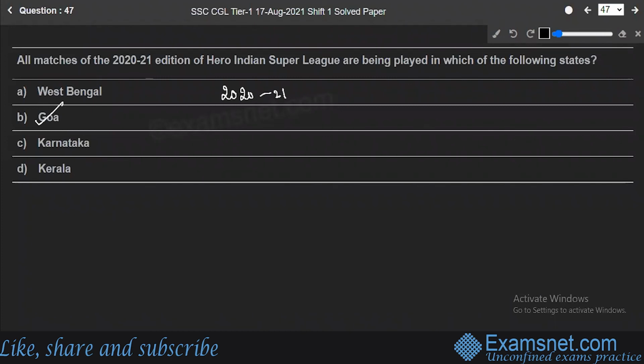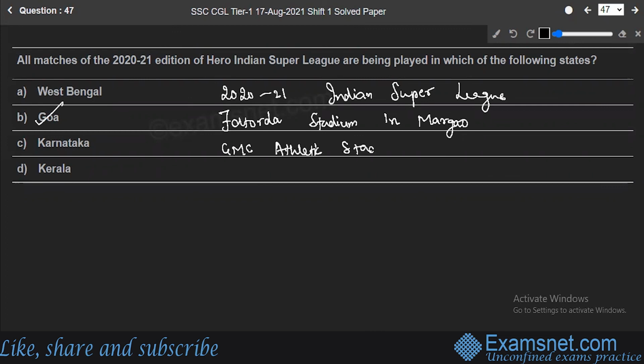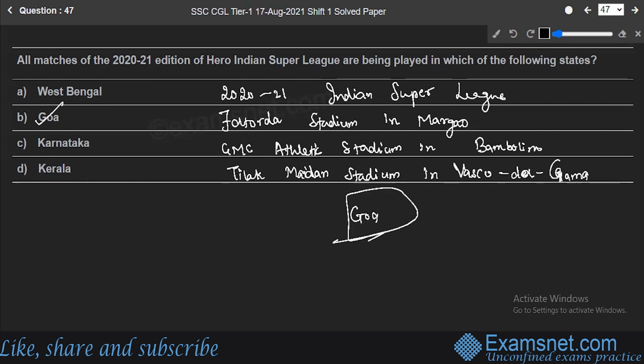So the 2020-21 Indian Super League was held in Fatorda Stadium in Margao, GMC Athletic Stadium in Bambolim, and Tilak Maidan Stadium in Vasco da Gama, in Goa, right?